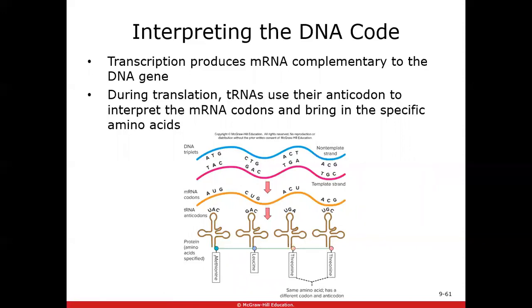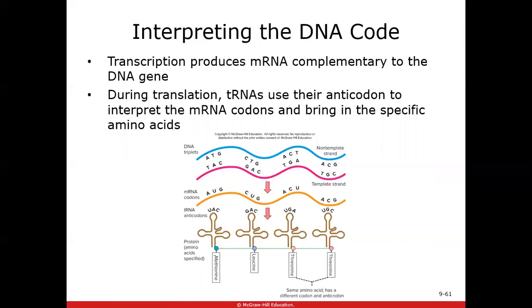So transcription produces messenger RNA that's complementary to the DNA code. During translation, the transfer RNAs use their anticodon to interpret the messenger RNA codons and bring in the specific amino acids.